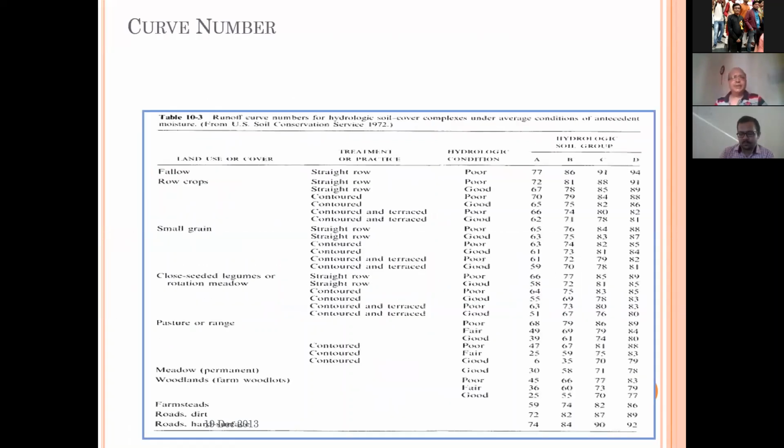This is one table you can see here, where for different land use and for different soil type, you have the Cn. So if you have a watershed or catchment which has only two types of land use, one is fallow or some crop, and the soil is only A type, then on the basis of area, how much area is with this Cn and how much area is with that Cn, you can determine the composite curve number, meaning a single value for your watershed.